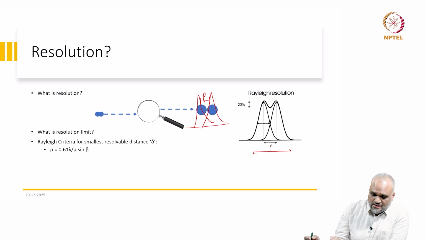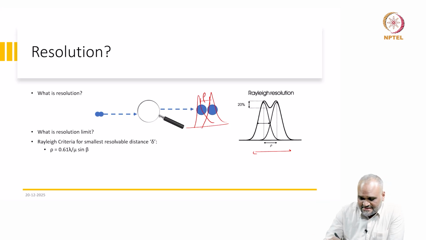But when you look at electron microscopy in general, in particular transmission electron microscopy, if I fit these two point objects, or the intensity from the point objects, as two Gaussians, and they are separated by a small distance here, you can look at resolution by the ability to distinguish at the full width at half maxima of this peak, or even at 20% from the maxima, if you are able to distinguish the two objects. This can also be considered as resolvable distance.